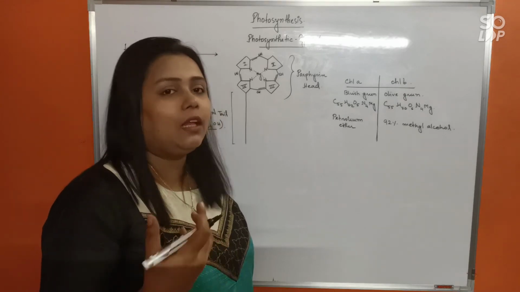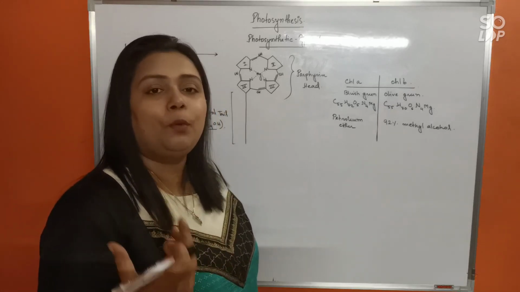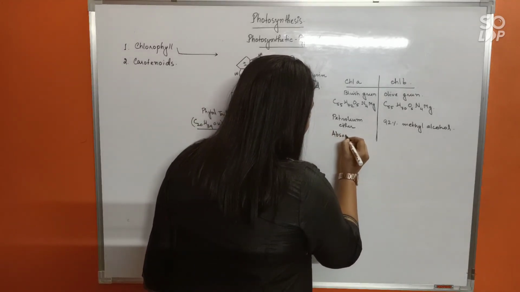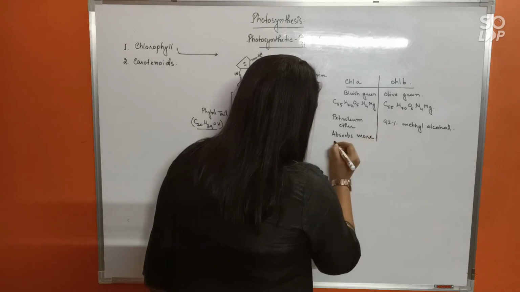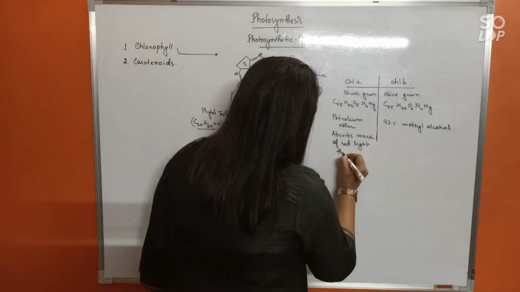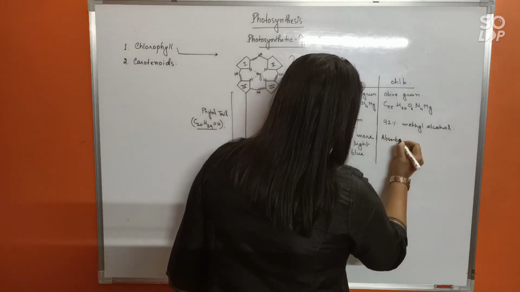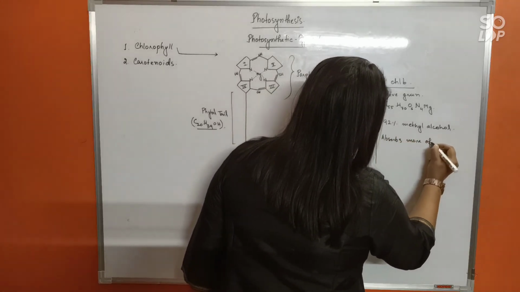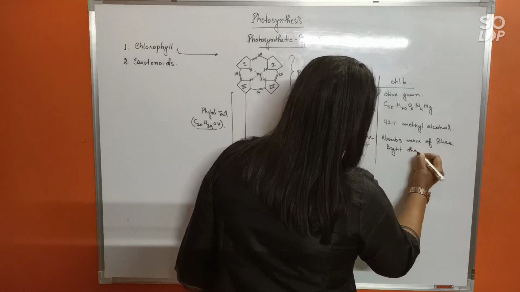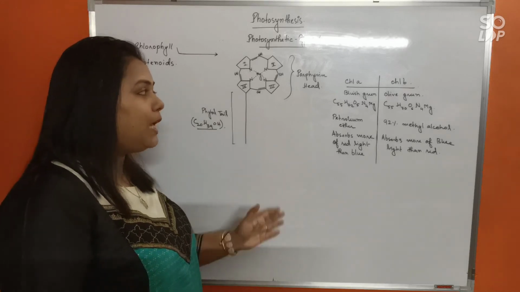It absorbs more of red light than blue, whereas chlorophyll B will absorb more of blue light than red. Okay, these are the major differences between chlorophyll A and chlorophyll B.